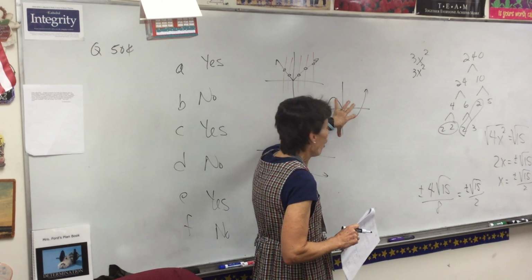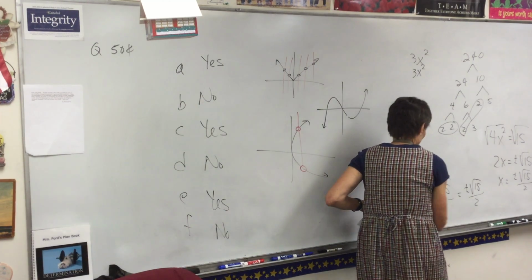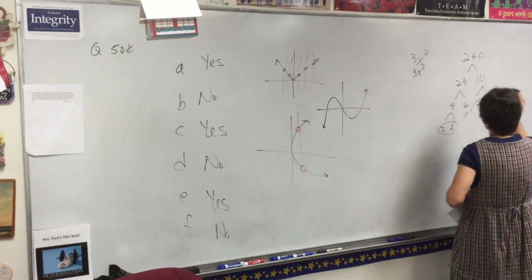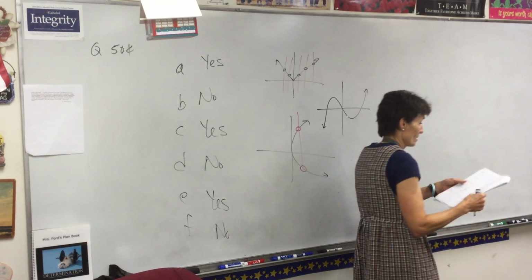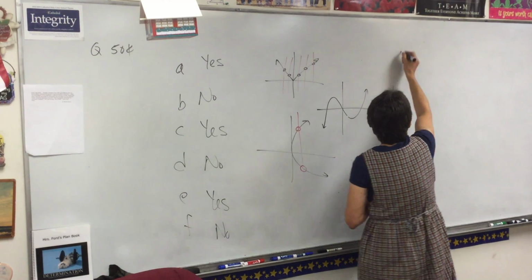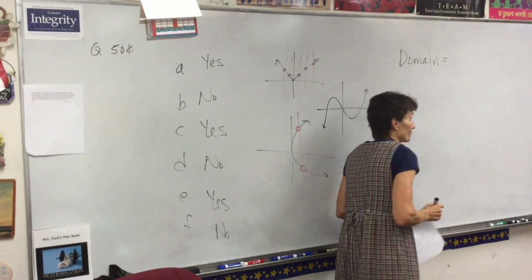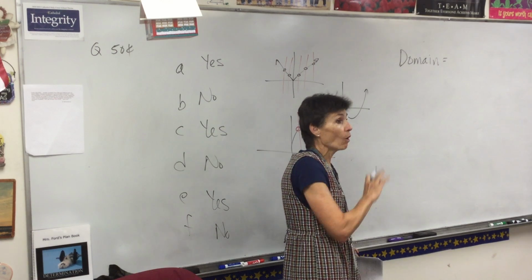So if I look at all of those points, the x-coordinates comprise the domain. So you've heard of that word before, domain? So in the next question, we're asked for the domain. And the domain is the set of all the x's.